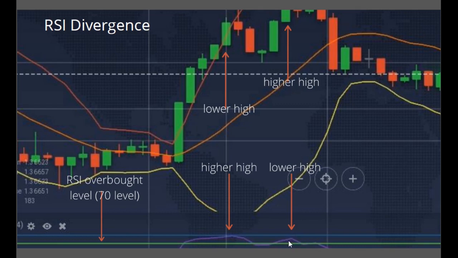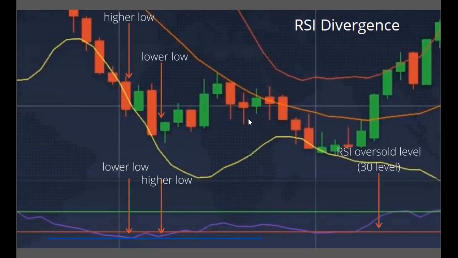You can see this level is higher than this level. But if you trace it down, you will realize that it doesn't agree. It's not conforming to what the chart is saying.